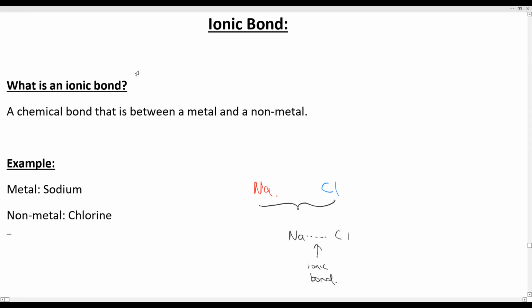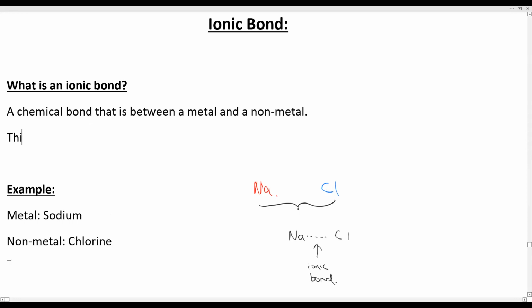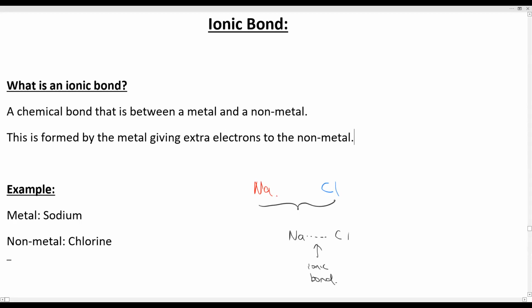Now, how does this actually form? Well, we said it's between a metal and a non-metal, but further detail would say this is formed by the transfer of electrons. So basically the metal gives up electrons. It will give its extra electrons to the non-metal. What does that mean?